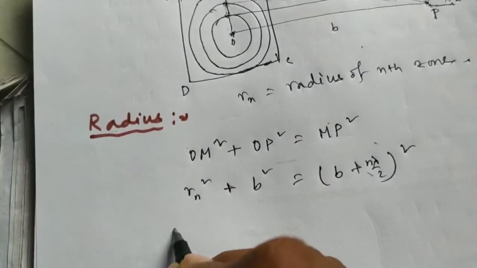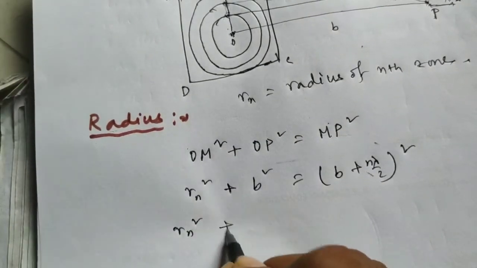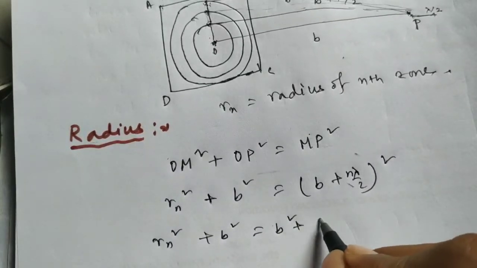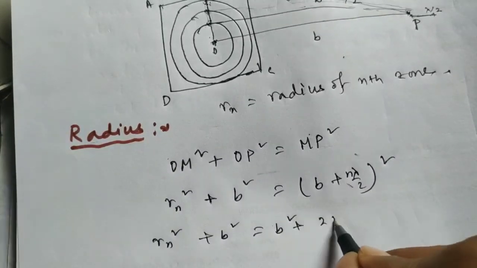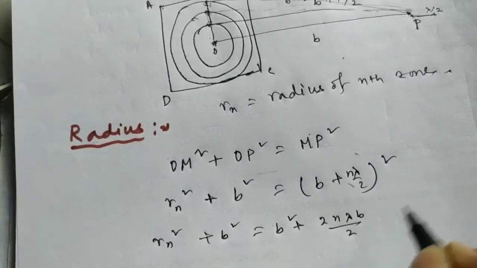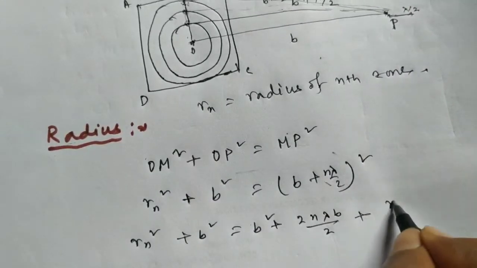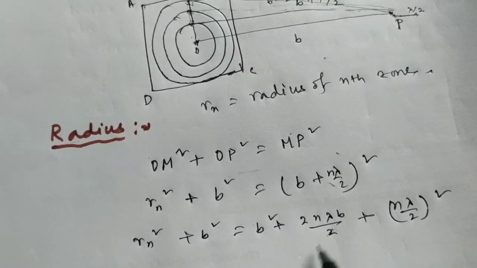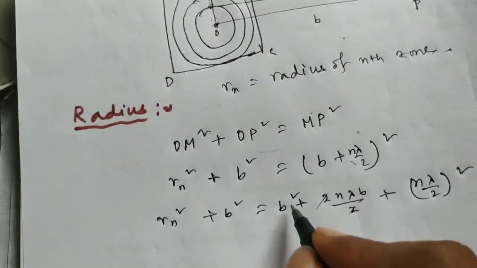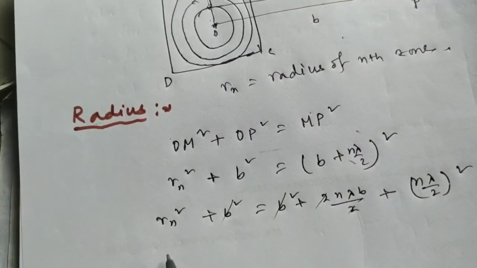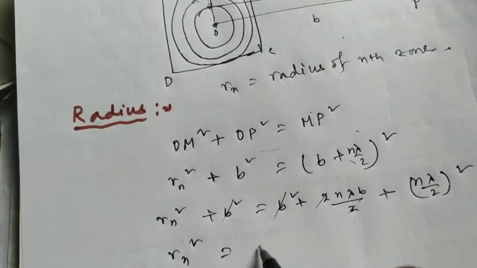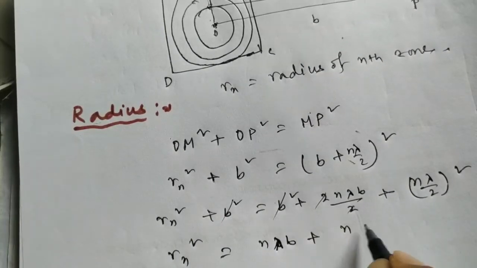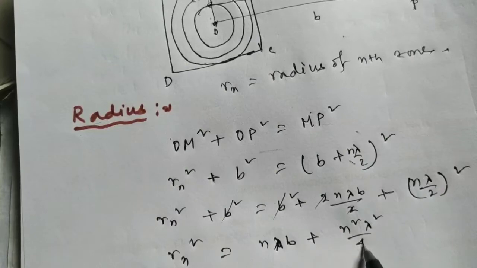So Rn square plus b square equals b square plus 2 n lambda b by 2 plus n lambda by 2 whole square. Now the 2 cancels out, n lambda remains, and b square cancels out, so Rn square equals n lambda b plus n square lambda square by 4.